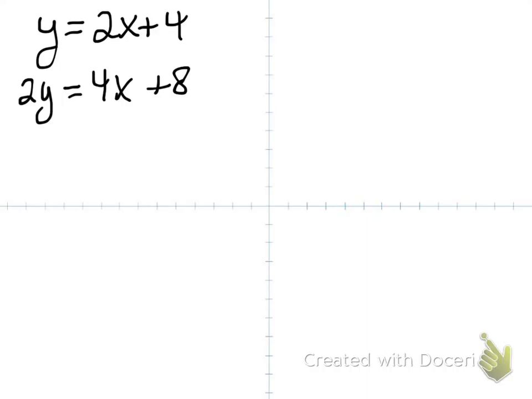So if you were graphing that one, you could solve the second one for y, and again it's going to be the same thing. So we can go up 1, 2, 3, 4, still going up 2 and over 1, and your line is the same. It's the same line for both equations.